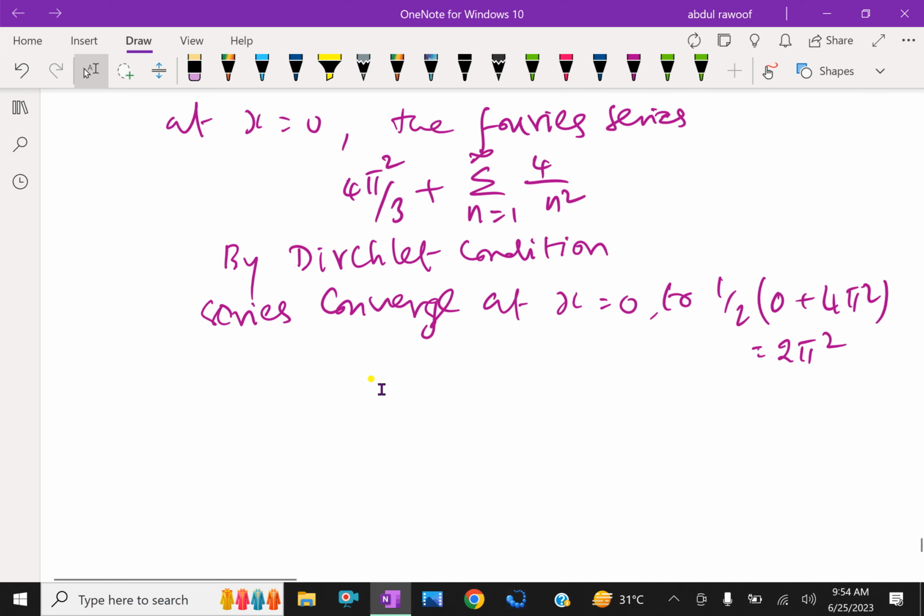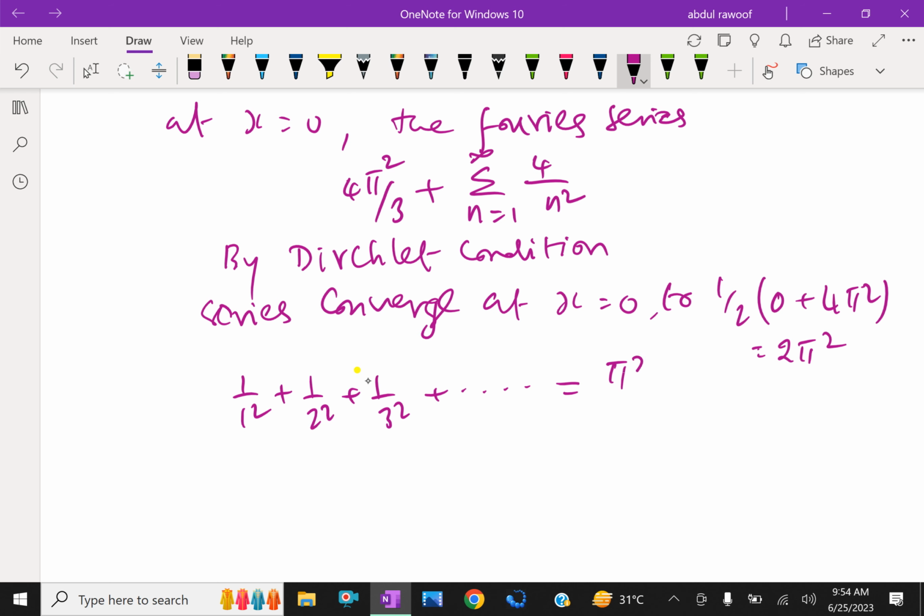we can say 1 over 1 square plus 1 over 2 square plus 1 over 3 square plus so on equals pi square over 6. Here we are giving the expansion, and with this 4 pi squared by 3 we will get pi squared by 6 because it converges, and going to the next terms it converges quickly.